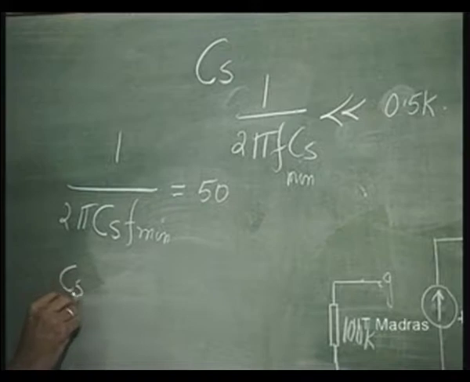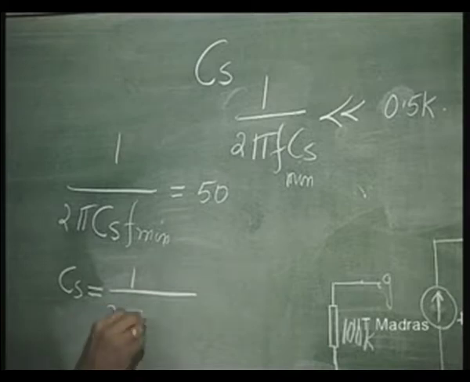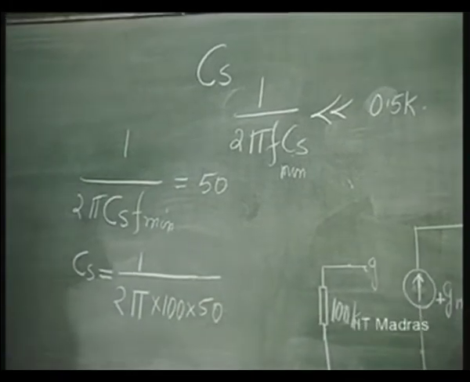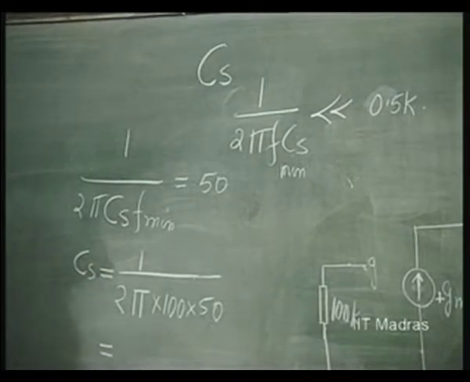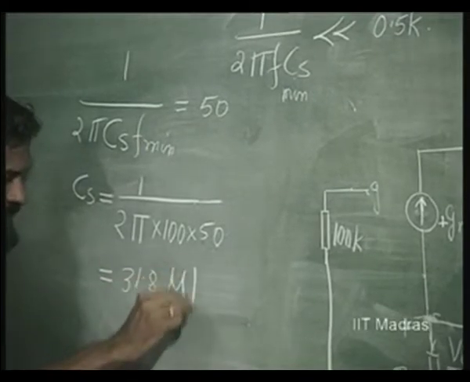So, CS therefore is equal to 1 over 2 pi into 100 into 50. This is again 100, that is equal to about 31.8 microfarads.